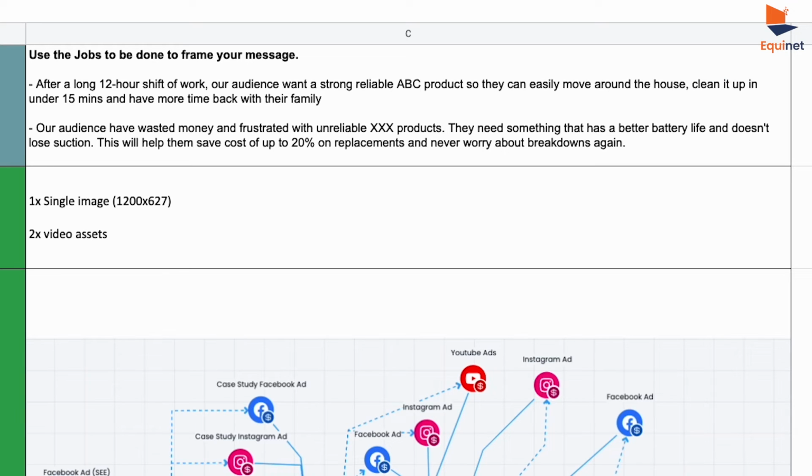In this example, the primary message is, after a long 12-hour shift of work, our audience want a reliable ABC product so they can easily move around the house, clean it under 15 minutes, and have more time back with their family. The primary messaging here is what you wish to convey through your digital advertising campaign.